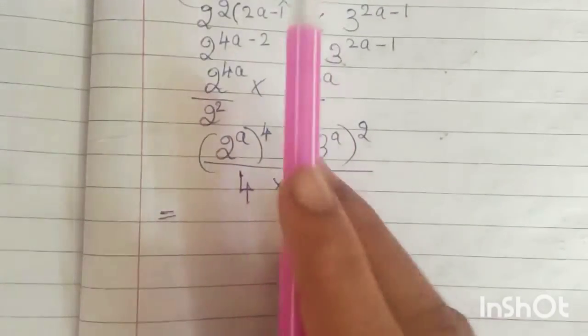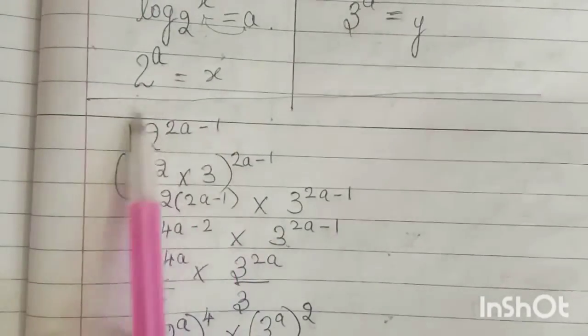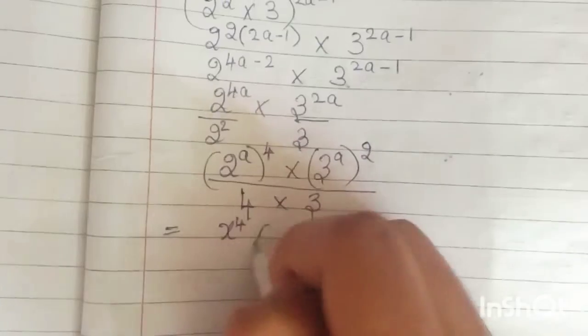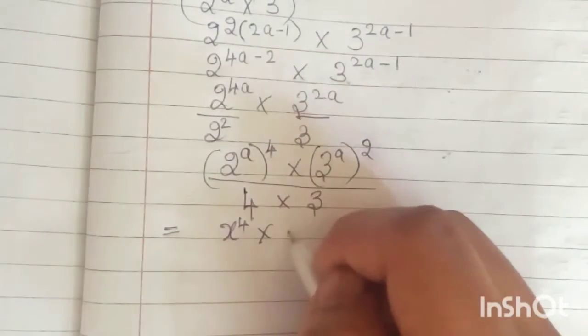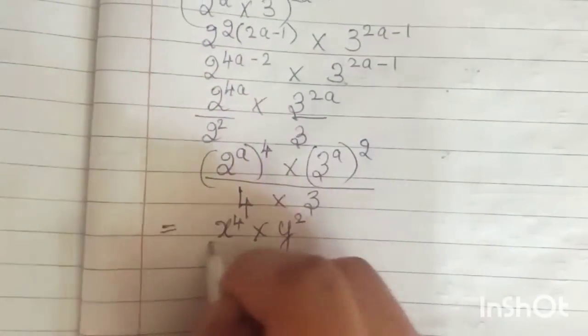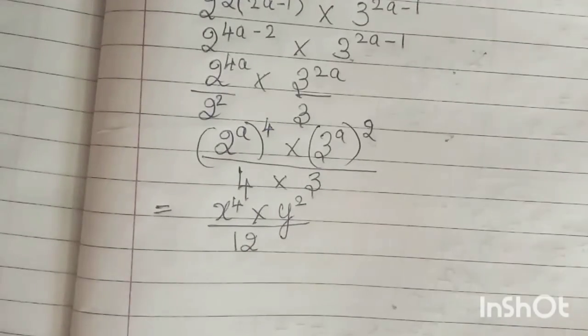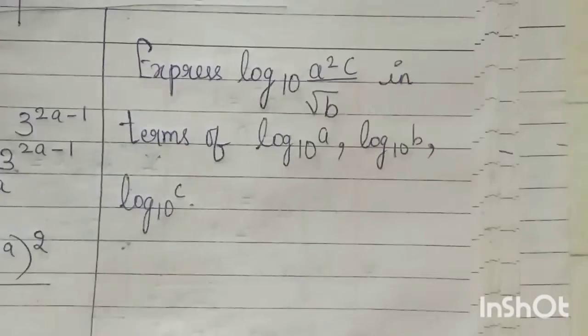I already found the value that 2 power a is x and 3 power a is y. So I am substituting it. X power 4 into 3a I found as y. Y square by 12. This will be the answer. That's it.